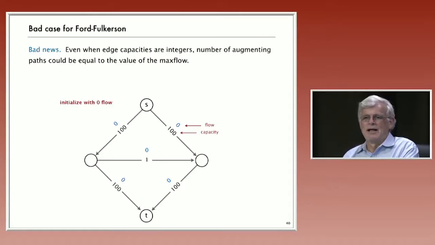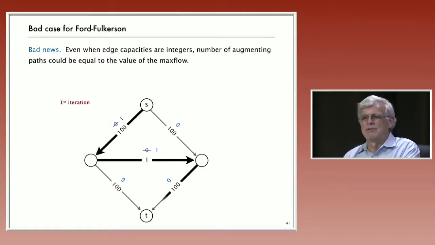Here's what could happen. So in the first iteration, we could decide that we want to push flow along the path that goes across the middle. Now we're going to look at a lot of different schemes for finding augmenting paths.